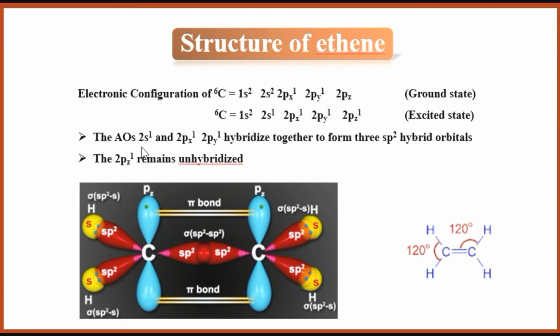So here, only the atomic orbitals 2s, 2px and 2py would hybridize together to form three sp2 hybrid orbitals. And the remaining one, that is the 2pz orbital, would remain unhybridized.